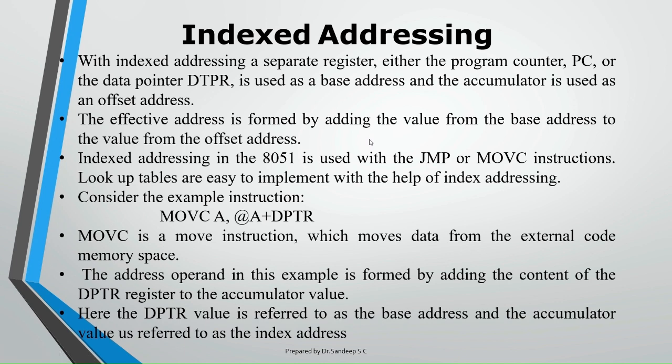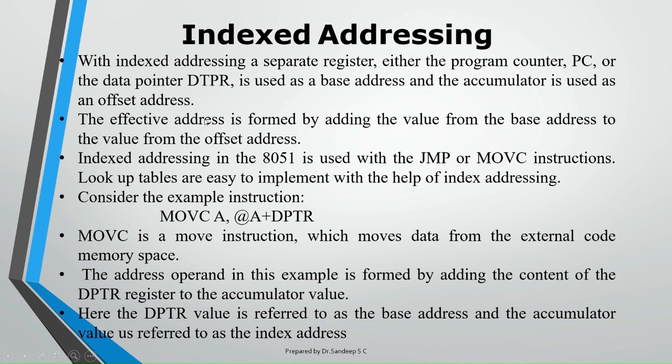In simple words, if I have a block of memory, base is the starting address of the block, and offset is how many bytes from that starting address I have to go. Here, for example, we can use PC and DPTR. They are applicable with this indexed addressing mode.